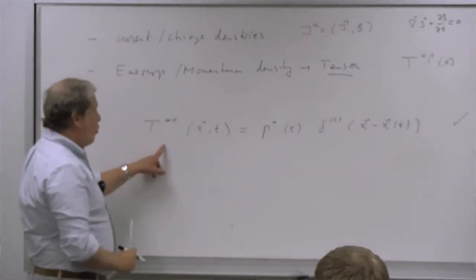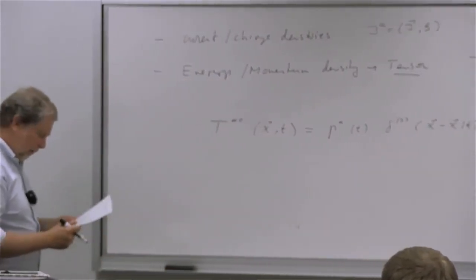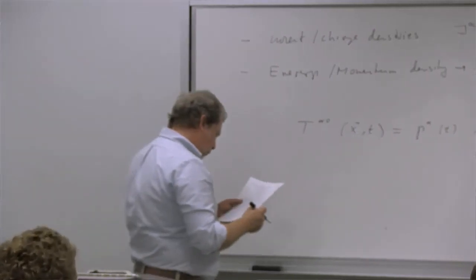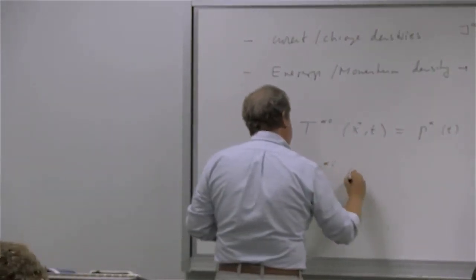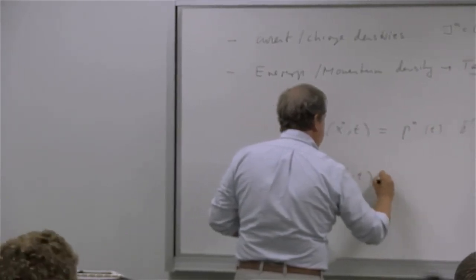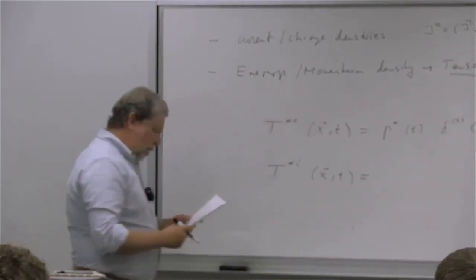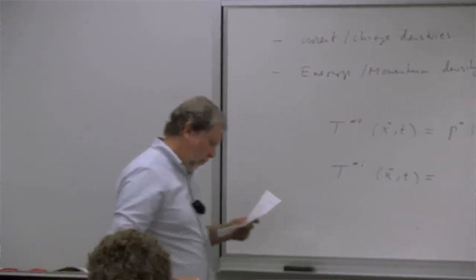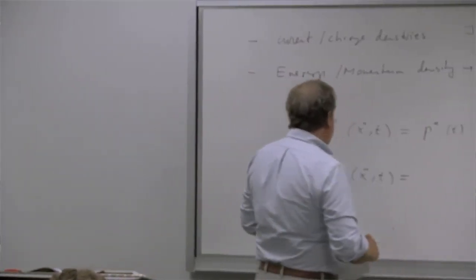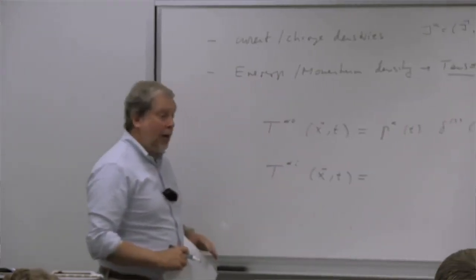And so that leads to the issue of what about the other components, right? So we have now T alpha i of x and t, and that should be like a flow of momentum.